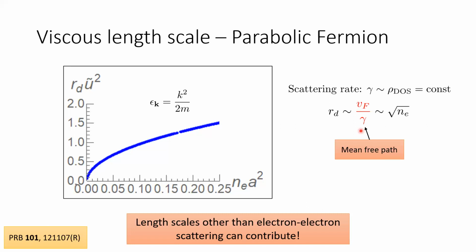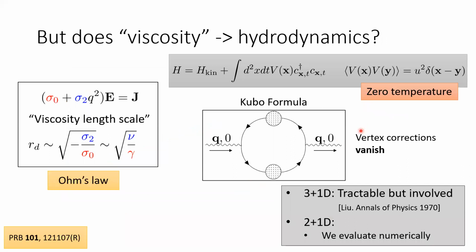I mean, usual diffusion, if I just have electrons executing random walk, it should just be DC conductivity, right?